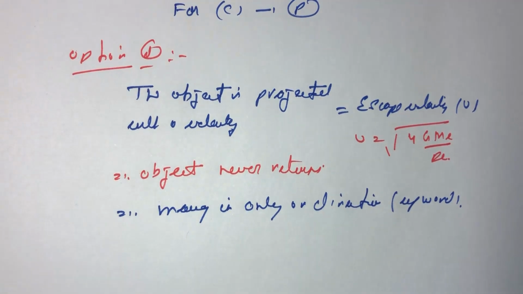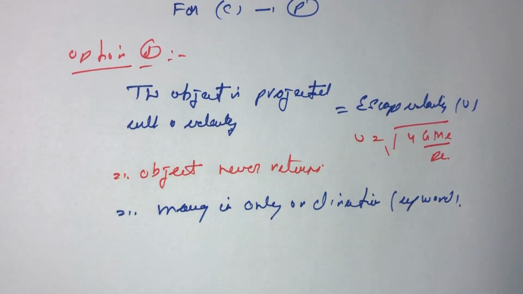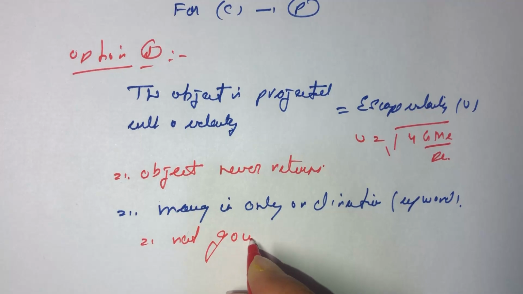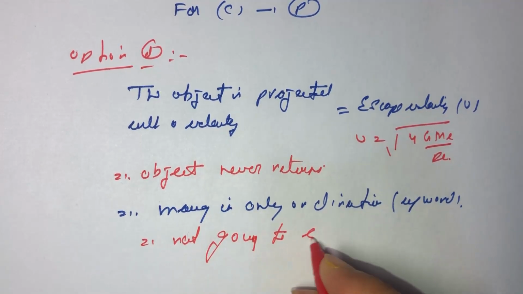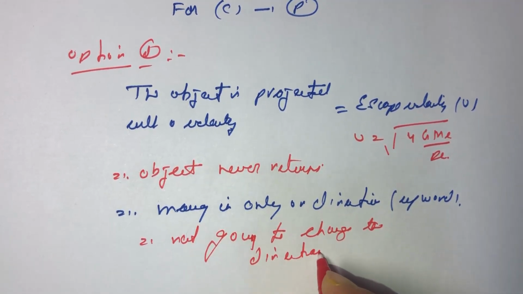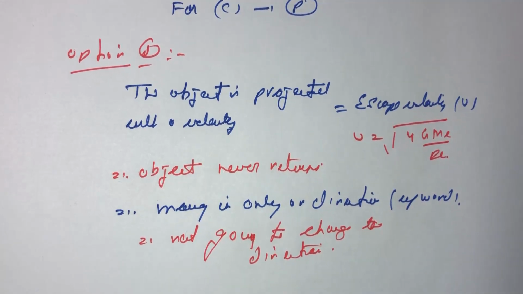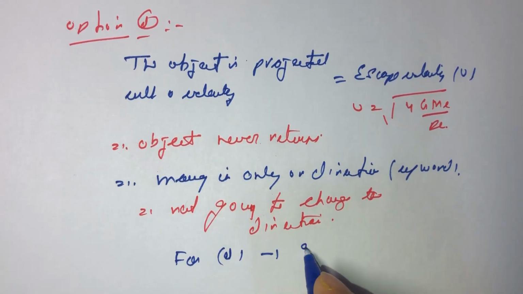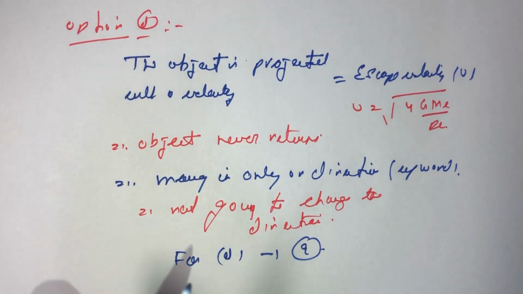So D is going to have an option, that is moving upward, meaning it is not going to change the direction. So for D, option number Q is the correct option.